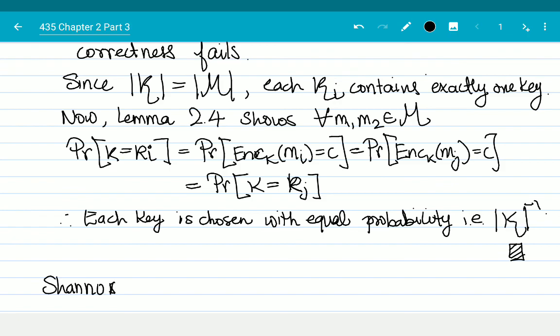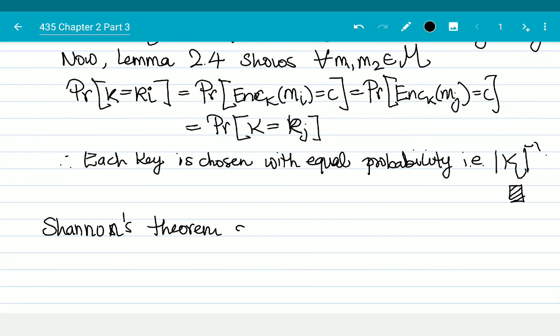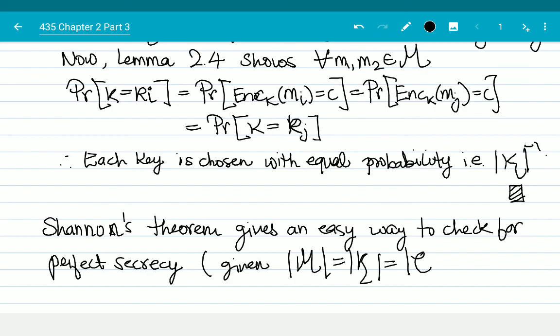Shannon's theorem gives an easy way to check for perfect secrecy, given the message space is equal to the key space is equal to the ciphertext space.